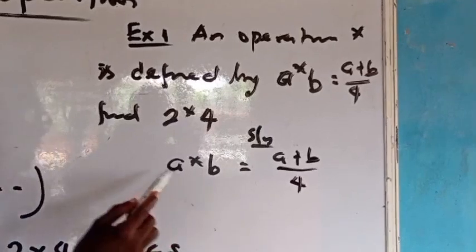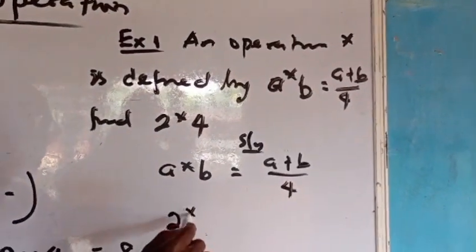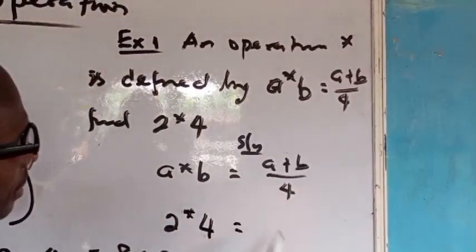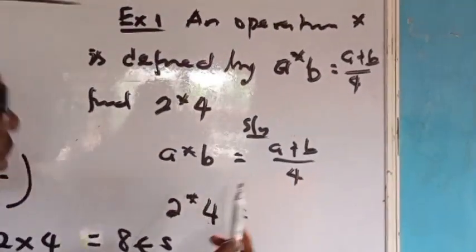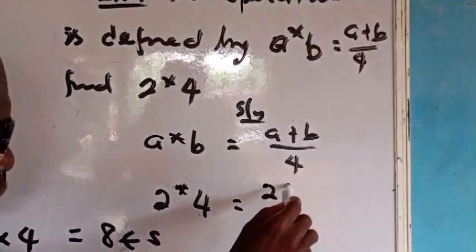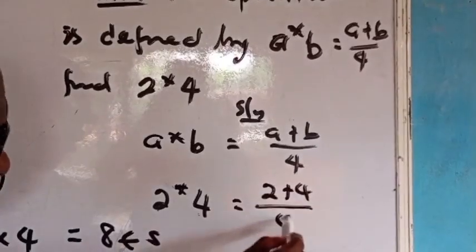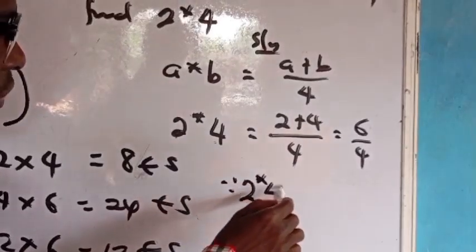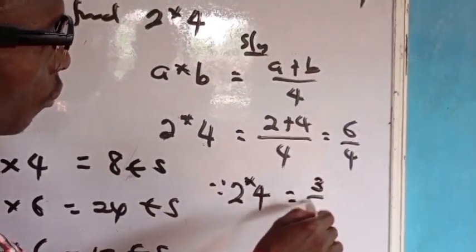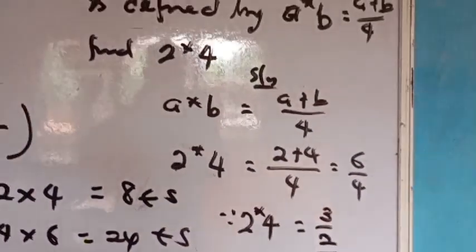That is to say, in this operation, if we have 2 asterisk 4, our A is 2, our B is 4. So we write 2 plus 4 divided by 4, and that will now be 6 over 4. So therefore, 2 asterisk 4 is 3 over 2. We just define it.